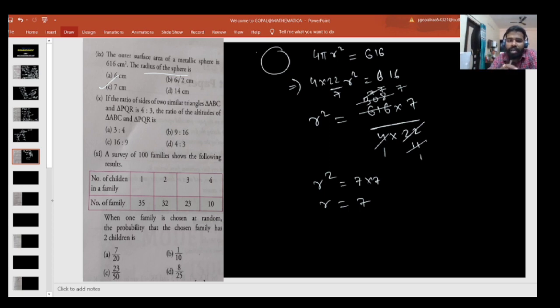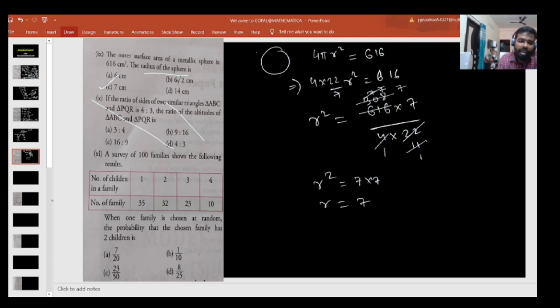Those students who are appearing in 2023 don't have to do this sum because this part is removed. So I'm cancelling this for now, and we can look at these sums some other day in some other video. Today we are focusing on the ICSE syllabus, so that's why I'm removing this question for now.